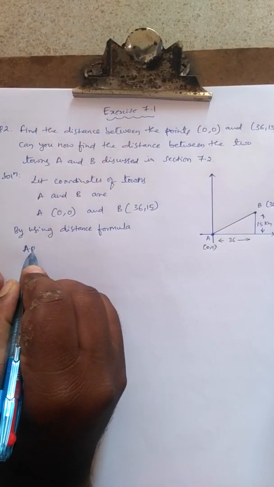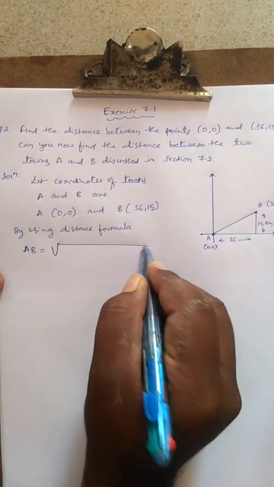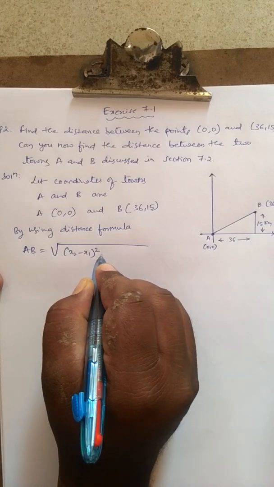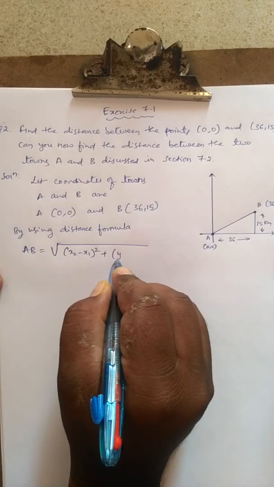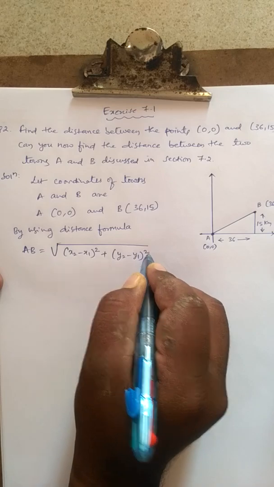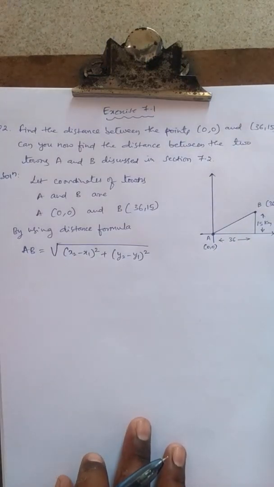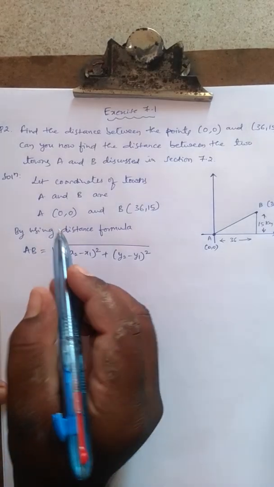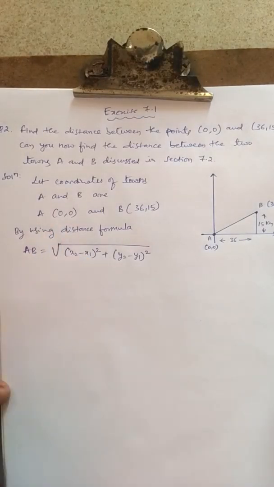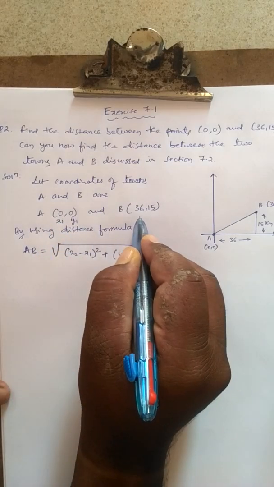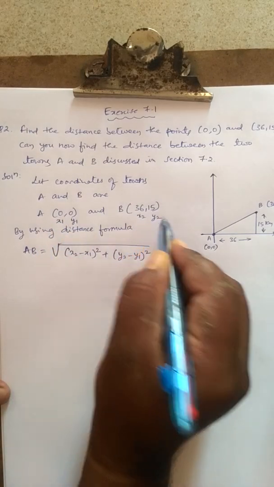So what you have to write? AB is equal to under root x2 minus x1 whole square plus y2 minus y1 whole square. Right? So here we use the distance formula to find the distance between the given two towns with their coordinates. For town A, 0, 0 is there. Here we name it x1, y1, and here we name it x2, y2.